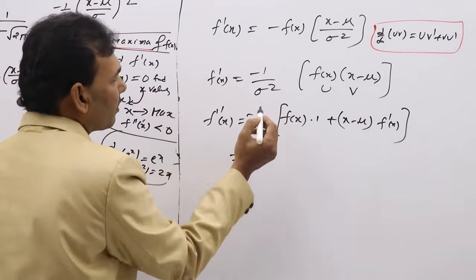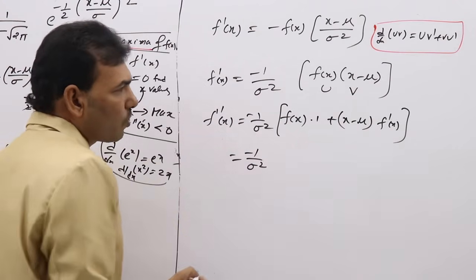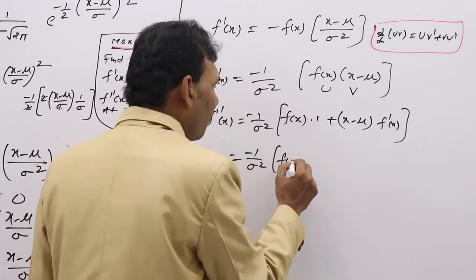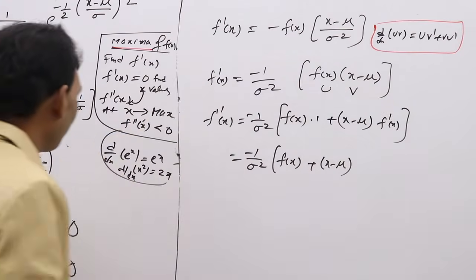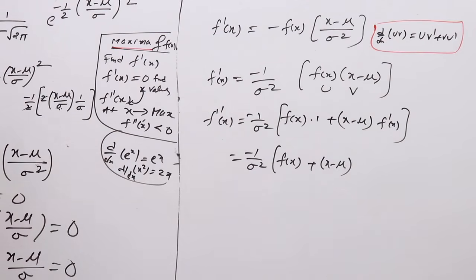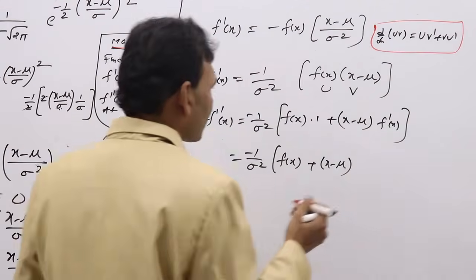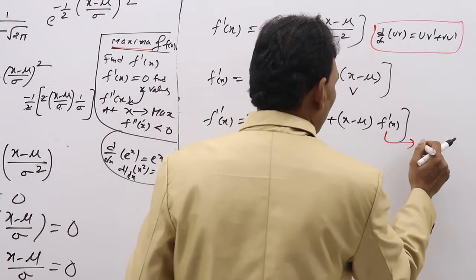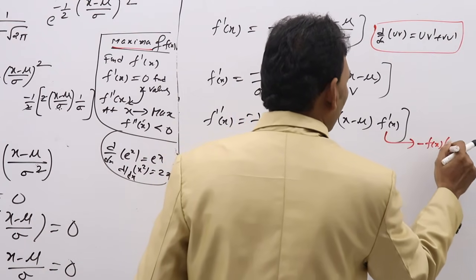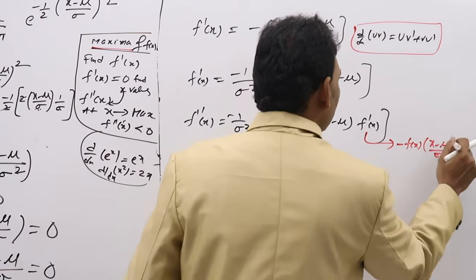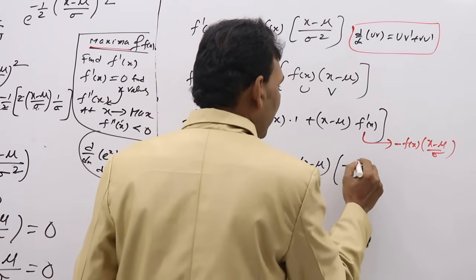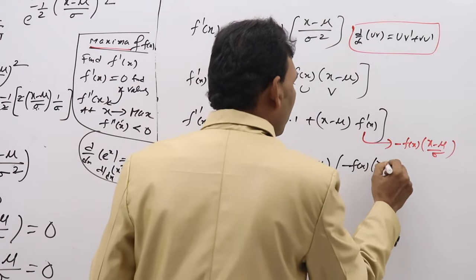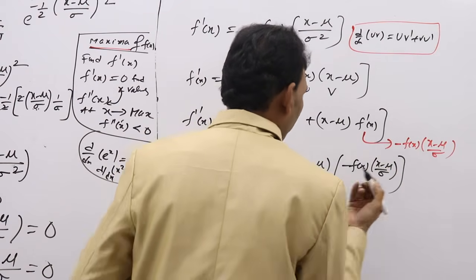Here minus is there. Minus 1 by sigma square, f of x plus x minus mu into f dash of x, which we evaluated just now. F dash of x is this one, minus f of x into x minus mu by sigma square.